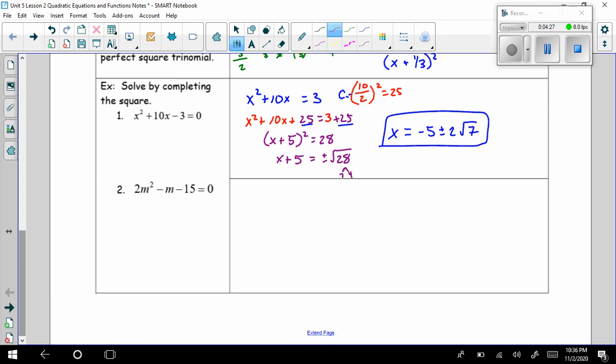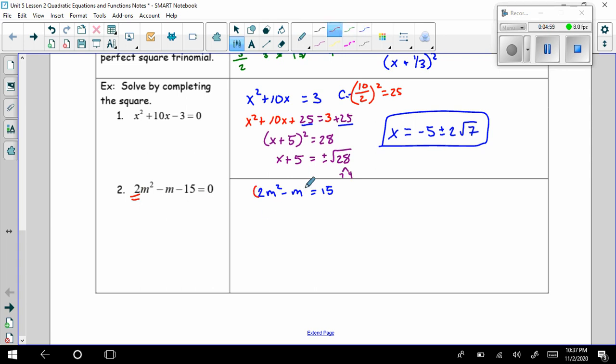Now I wanted to look at number 2 because all of the completing the squares that we've done up to this point do not have this lead coefficient. And we have to take that into account when we're solving our equation and when we're adding things to the other side. So I'm going to start this problem the same way that I did before. I'm going to take 2m squared minus m, set that equal to 15, adding that 15 over to the other side.